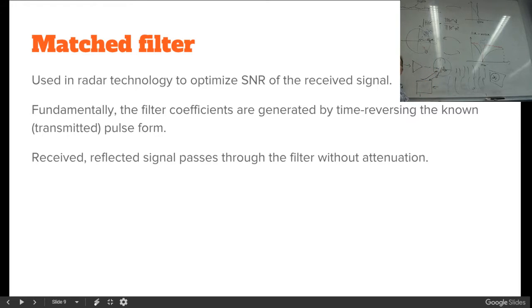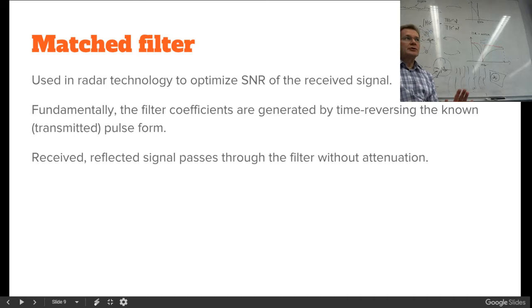It works also in acoustic radars. So the filter coefficients are generated simply by time reversing the known transmitter's pulse form.